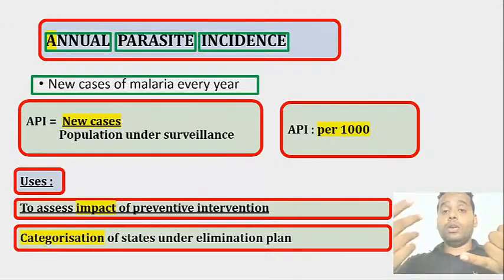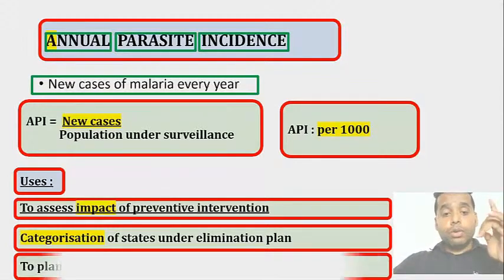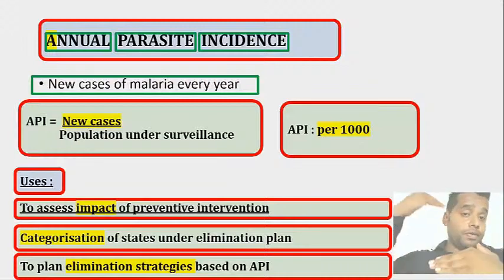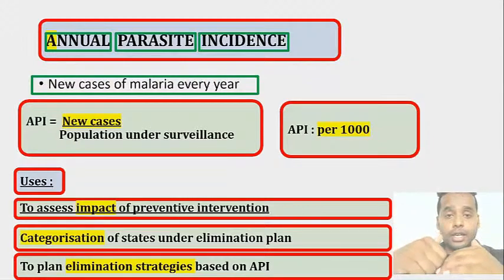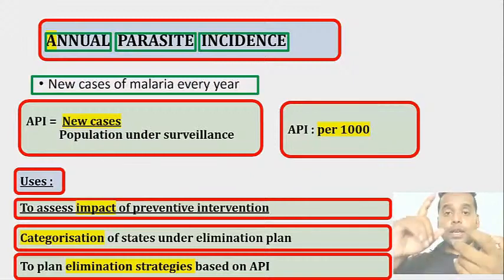Category 3, what we are doing, what is intensified control in the category 3 states. I will frame a question on that later. So there is one more use, to plan elimination strategies based on API. If API incidence is very high, like in category 3 states, we do intensified control. So I repeat, impact of preventive intervention, correct.